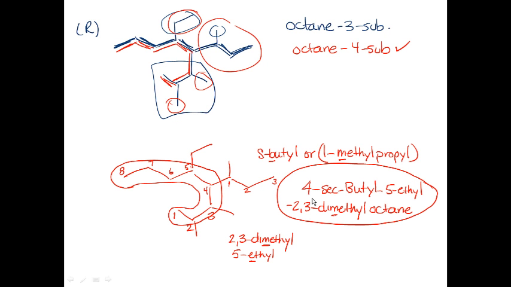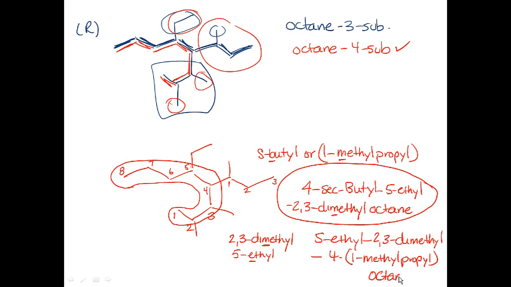Now let's use the 1-methyl propyl. The other possible name is this: 5-ethyl, 2, 3-dimethyl, 4-(1-methyl propyl) octane.